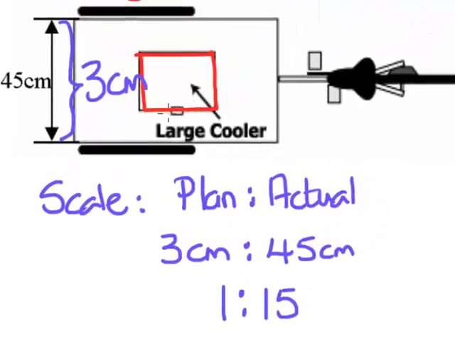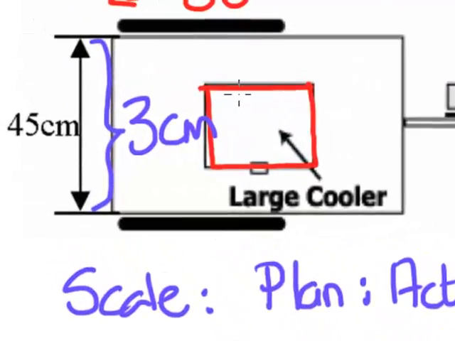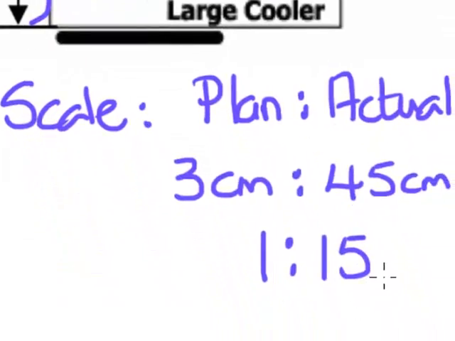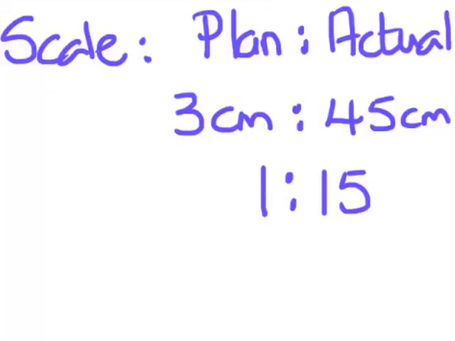Now we need to determine the dimensions of the lid. So this lid on the diagram measures 1.8 centimeters, and this one here is 1.4 centimeters. To find the actual size, we have to take these two dimensions and multiply them by 15. The 1.8 centimeters, we multiply by 15.